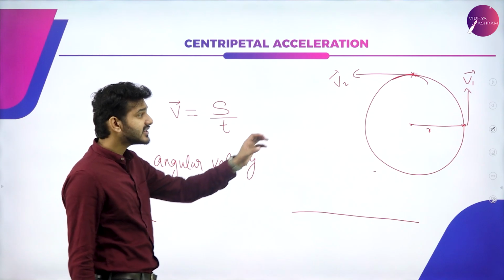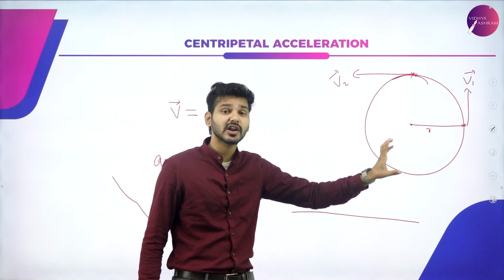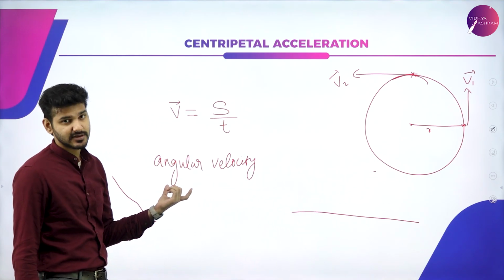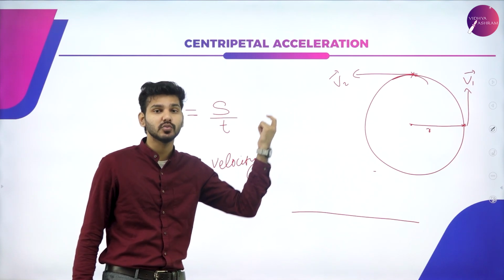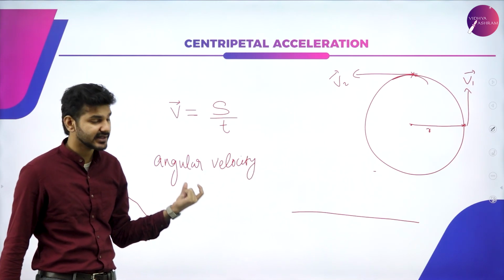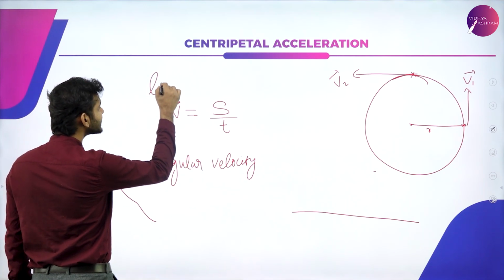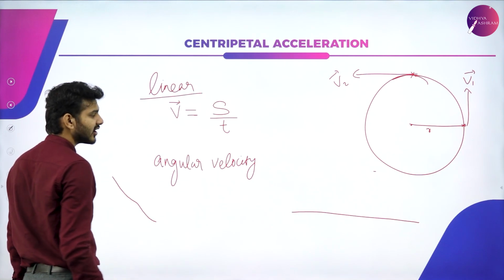That is, if this particular object is executing a circular motion, then the velocity it experiences is known as angular velocity. It is traveling at an angle, or simply it is executing a circular maneuver. So it will be at an angle. That is why it is known as angular velocity. And this particular velocity is known as linear velocity.